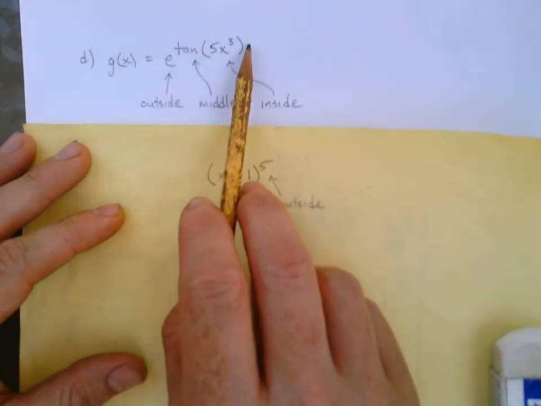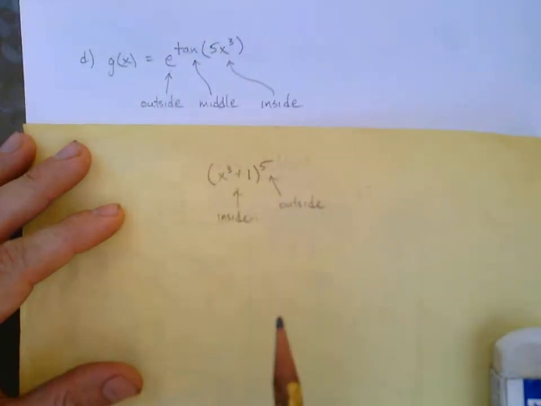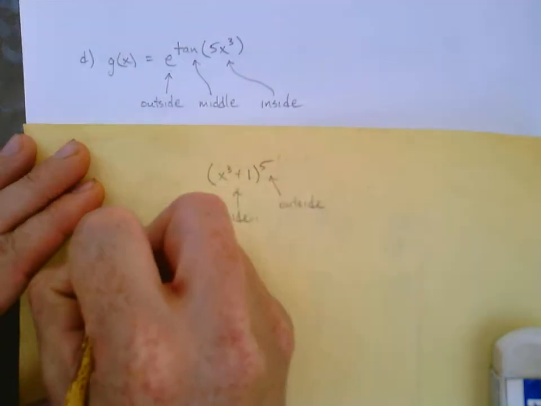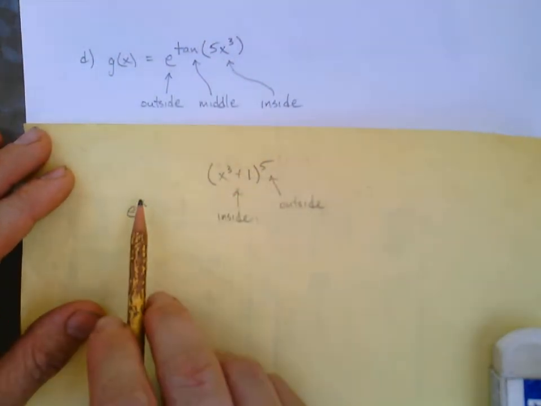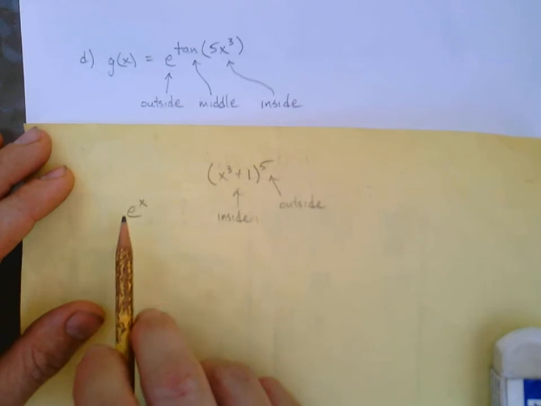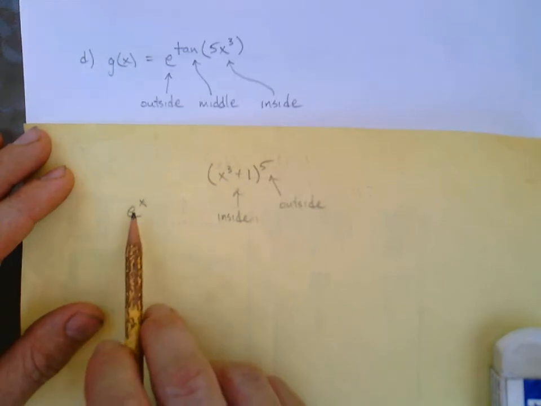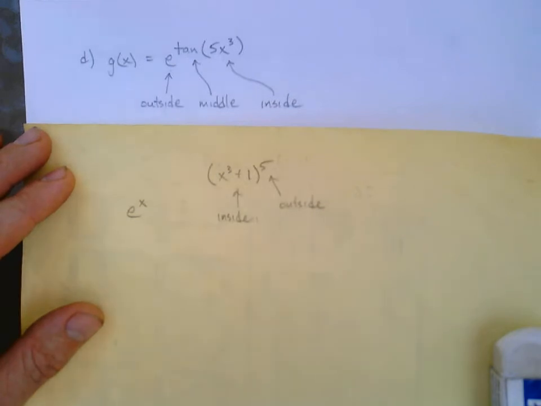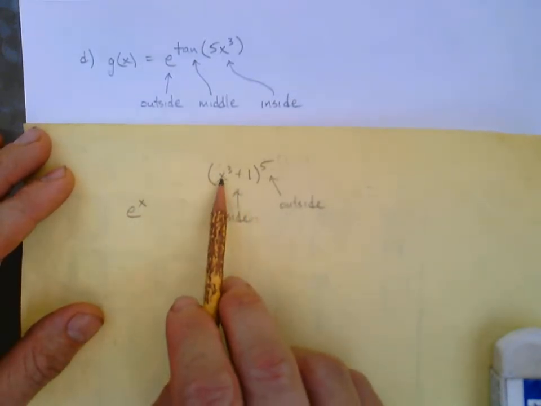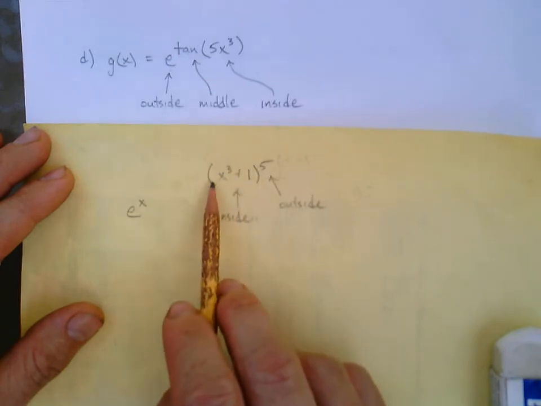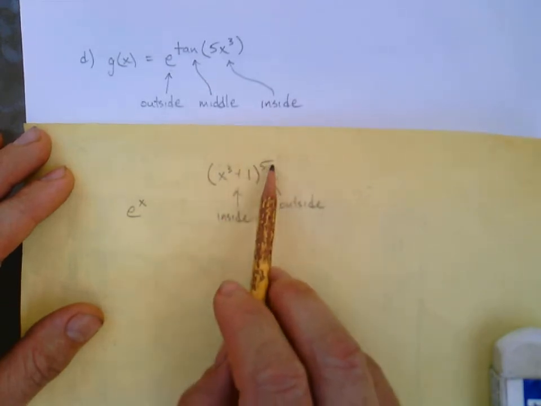Whatever's up in here is the inside. So if you thought of, in its simplest form, e to the x, if you were to plug a number in, it would go there. The exponent goes into the power of e, and then you can compute. Here, if you were to plug a number in, it would go into the base. You would figure this out, and then you would raise it to the power.